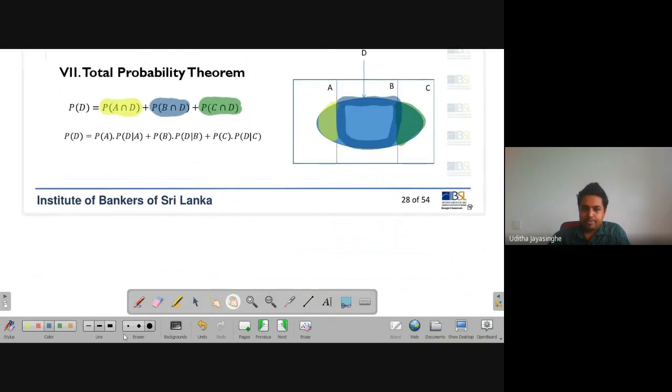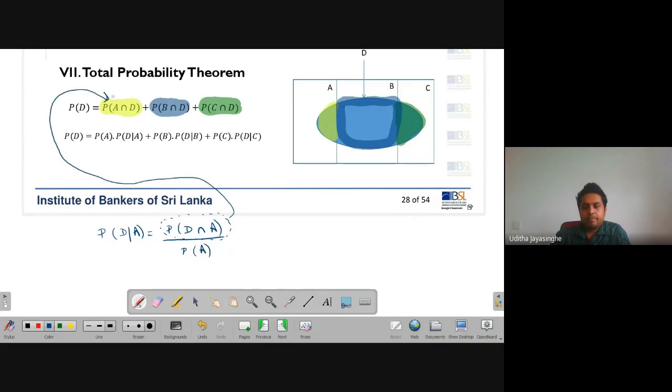That is conditional probability. It means you can rewrite probability of D given A as probability of D intersection A, or A intersection D, either way, divided by P(A). That is what we have learned so far. Now we see this particular event, the commonality between D and A, represented here. So you can write it in the commonality way, or you can replace this by probability of A multiplied by probability of D given A.